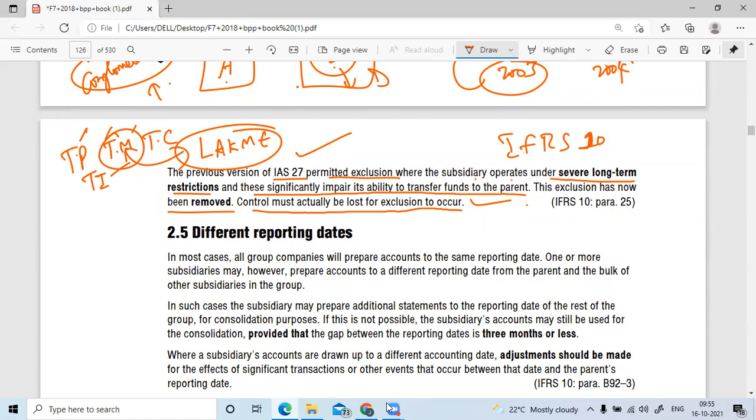What do you mean by severe long-term restrictions? Any one of you? More than 5 years? No. What is the meaning of these severe long-term conditions?